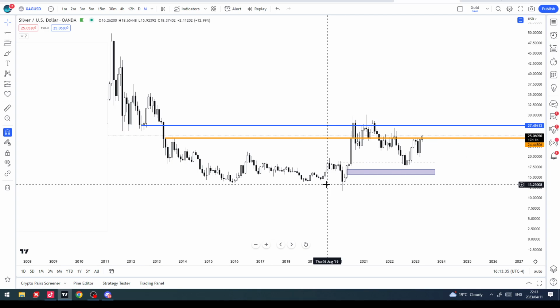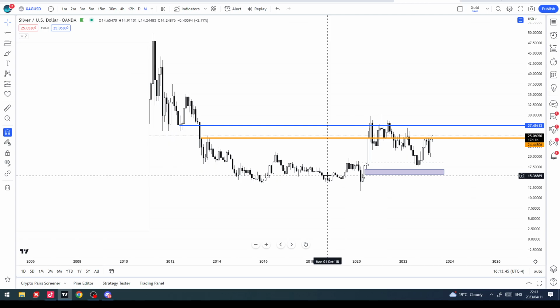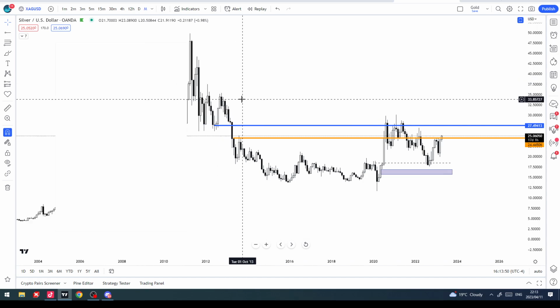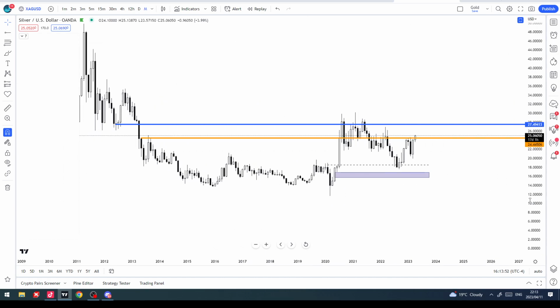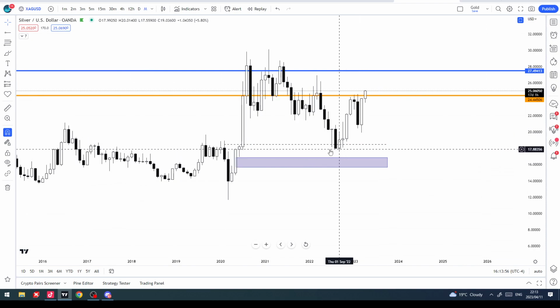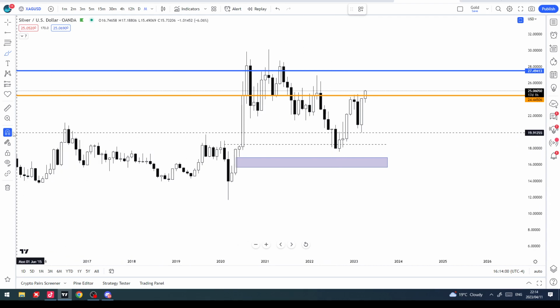See that? Yep, they've done the job. So the question here is, do they need to go any higher? They don't. Not right now. They've come in and tapped the order block here. This low is a down candle on a monthly.